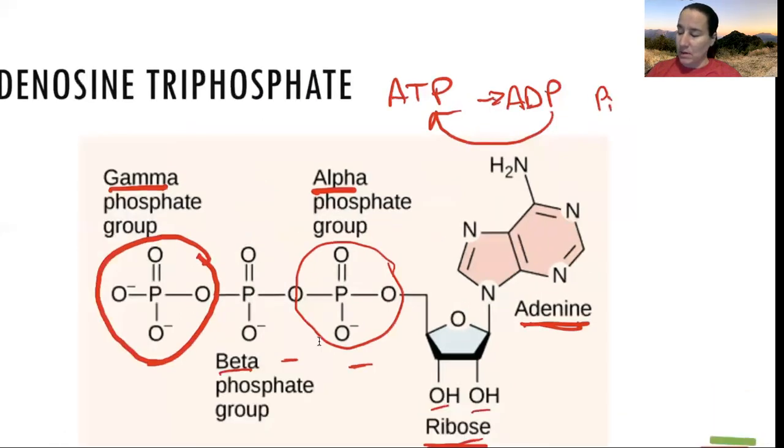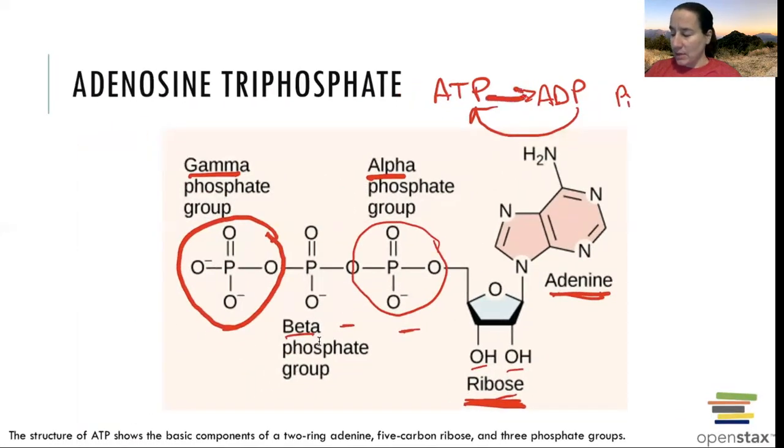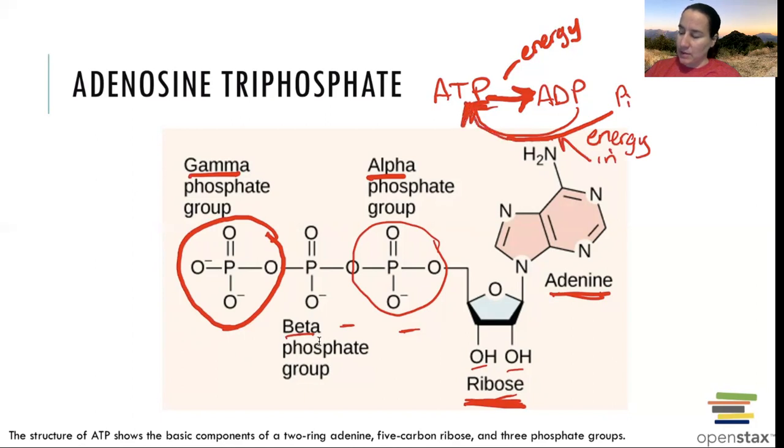So we have this cycle going back and forth between ATP, busting it off, releasing energy, energy goes out, ADP and its third phosphate, and then when we tack that thing back on, energy comes in to bring it back to ATP. So it's a rechargeable battery, ATP, ADP, ATP, ADP, all day, every day, 24/7. Metabolism is going. So this is ATP, our energy currency molecule.